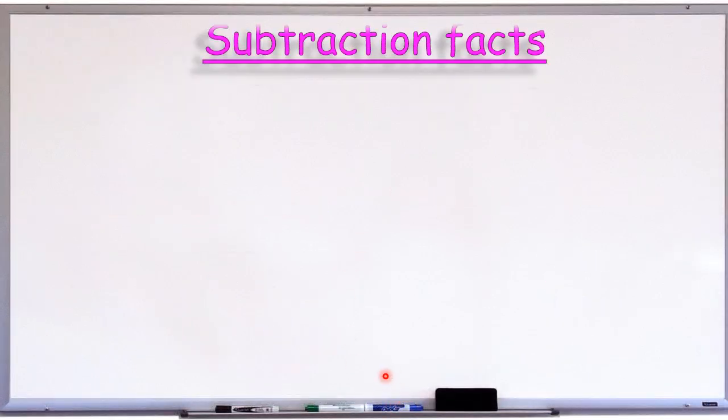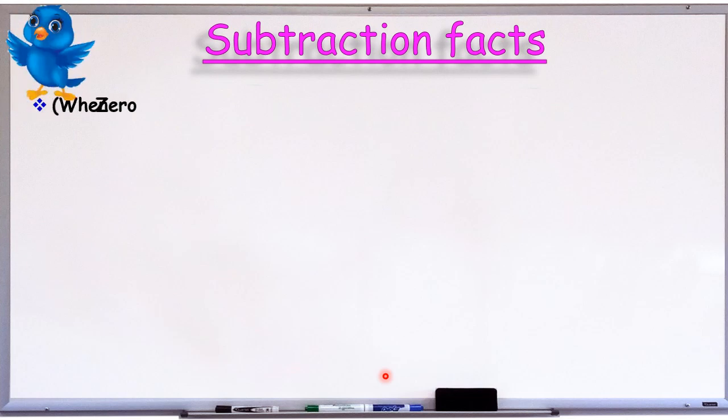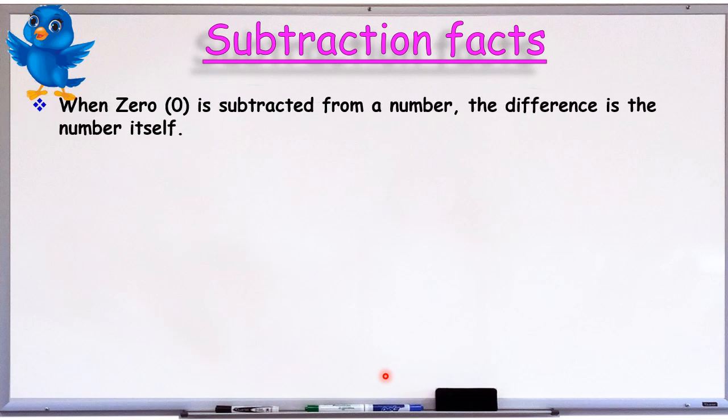Now children, let's revise subtraction facts. First, when 0 is subtracted from a number, the difference is the number itself. Why is it so? Because as we all know, 0 has no value. So whenever we are subtracting 0 from any number, the difference will be the number itself.